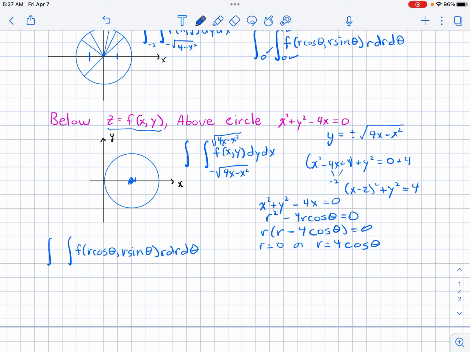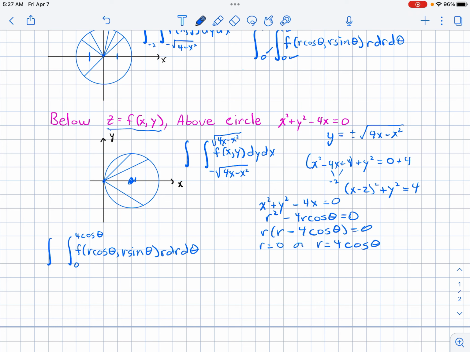Now, let's pick a radius. So I pick a radius, I pick an angle, theta, and I'm going from 0 to that circle. So look, for all these choices of theta, we're going from 0 to 4 cosine theta.